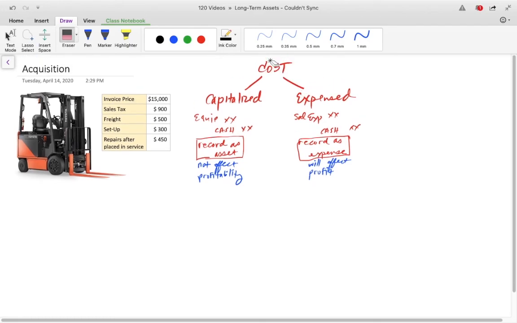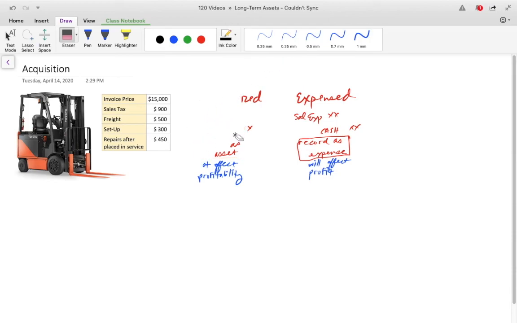So, I'm going to erase this now so that we can start over.